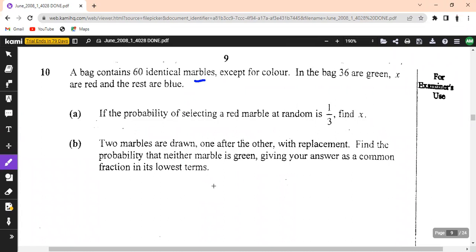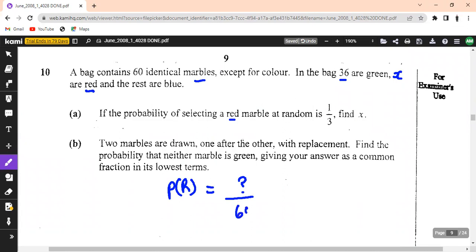If the probability of selecting a red marble at random is 1/3, find X. Take note, guys, we have red here. We know that the probability of picking red is the number of red marbles, which we do not know in this case, over the total, which is 60.